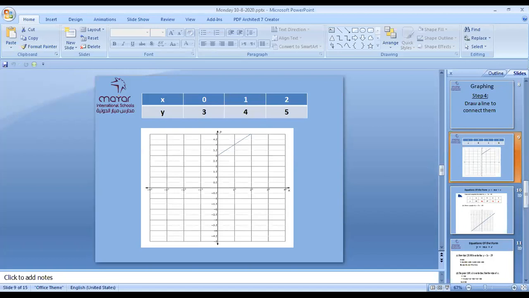You should have an equal distance between any two numbers, between 0, 1, 1, 2, 2, 3, and so on. So the space between the numbers should be equal. It's not accepted to have a very short distance between 0 and 1 and very long space between 1 and 2. No, we should have equal distance between them.